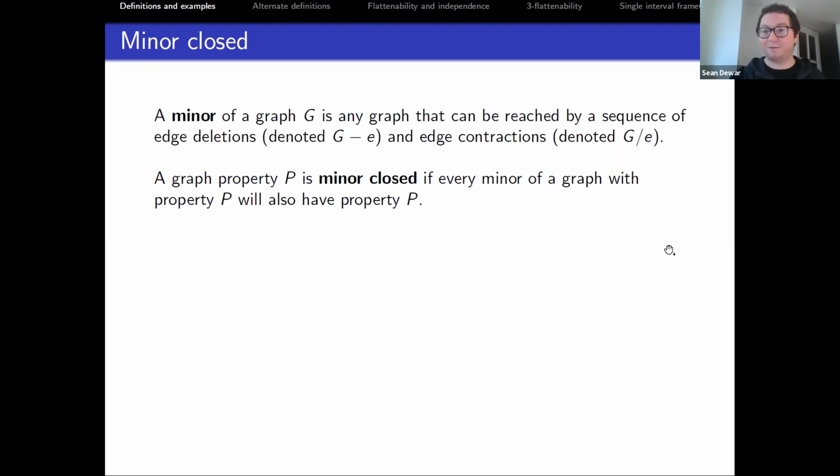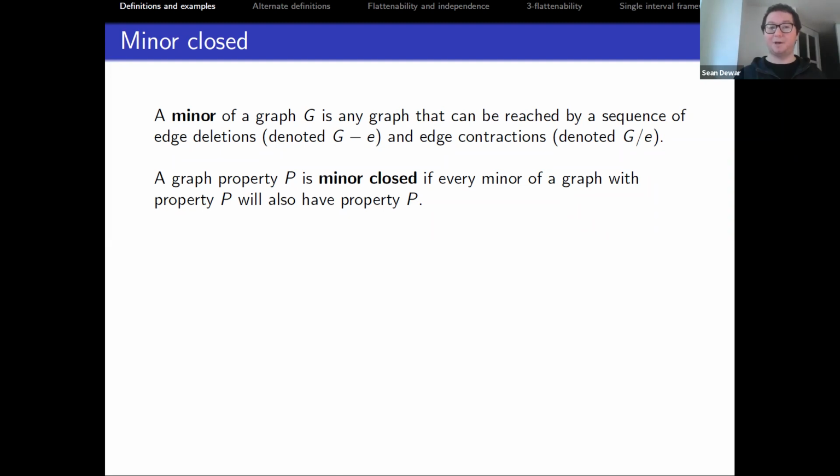The important thing about graph minors is we can talk about graph properties that are minor closed. This would be if we have some property of graphs that we want to know whether the graph has or not.